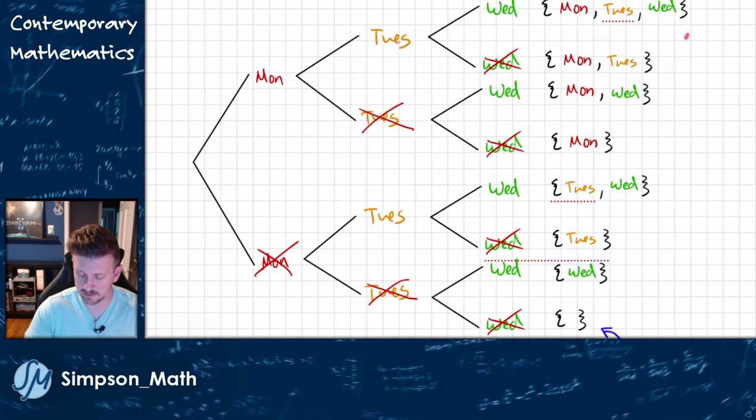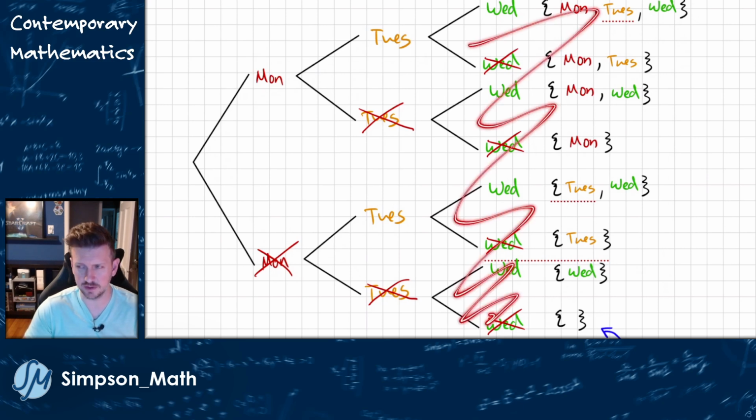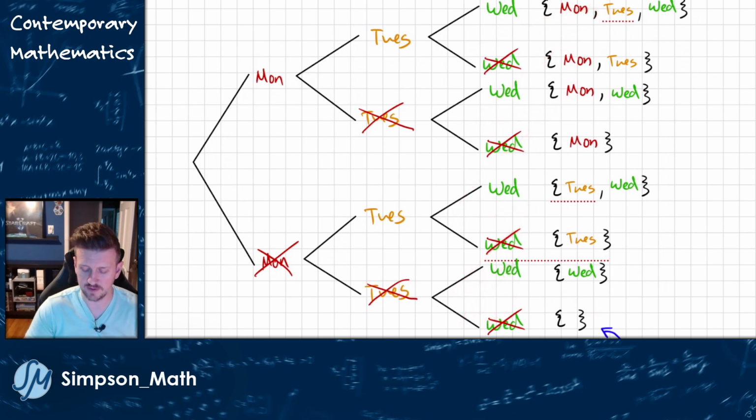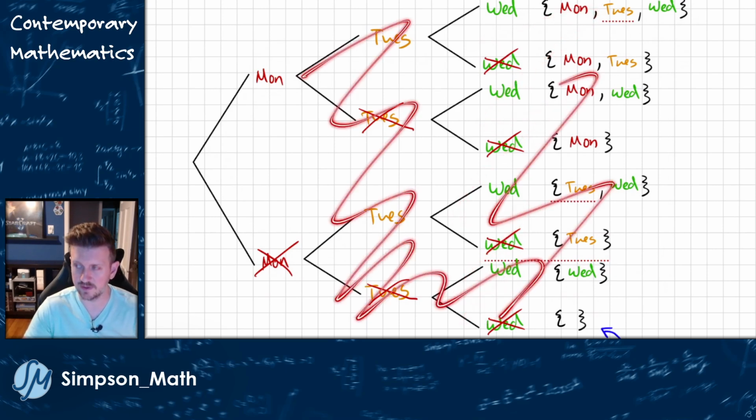We can follow each of those paths all the way down, and notice we get 8 total sets. If I would have just stopped at 2, I would have had 4 total possible subsets. If I would have stopped at just Monday, I could have had just 2 possible subsets. Either it happens or it doesn't.